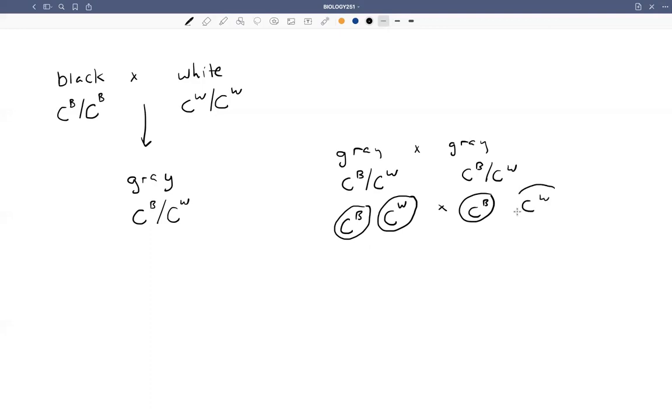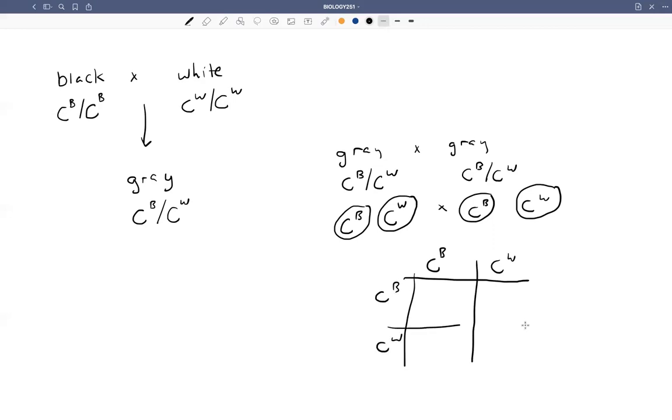So every gamete gets, of course, one allele for the gene. We're only looking at one gene. So in the Punnett square, we can do C^B or C^W for each parent. So C^B, C^W.